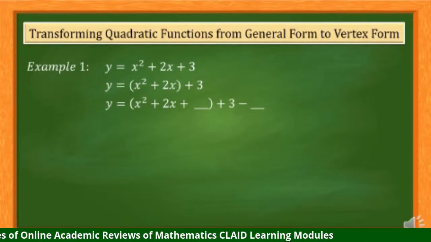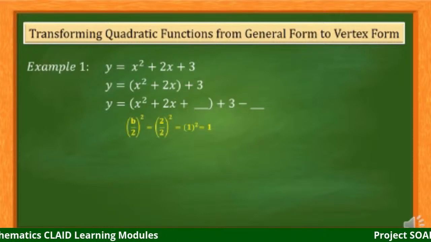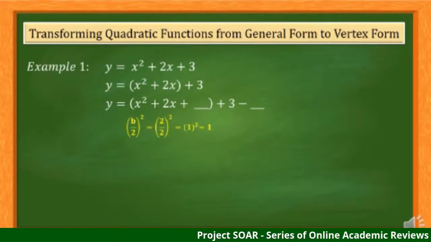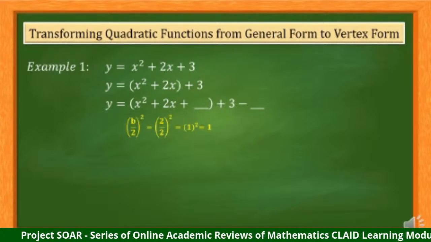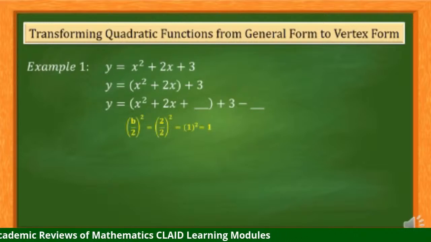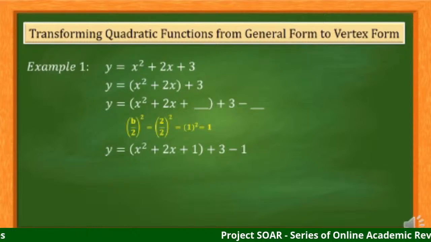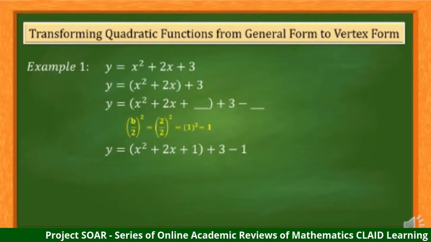So to solve for that value, we will use b over 2 squared. Then dito sa expression natin na nasa loob ng parentheses, ang value ng b is 2. So we have 2 over 2 squared, which is equal to 1 squared, and the result is 1. So we have y is equal to the quantity of x squared plus 2x plus 1, plus 3 minus 1.